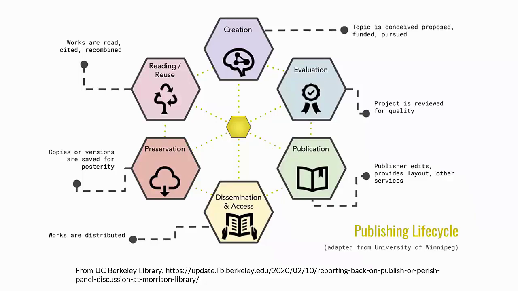But then what are you going to do? You're going to want to disseminate those results, just like that definition we were just talking about. U of W library puts evaluating, right? So the project is reviewed for quality. That's kind of like checking just to make sure the research is done in the proper way.